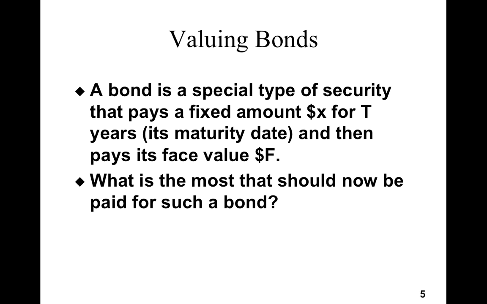Then it will pay you something like, let's say, $10 every year. And then at the end of the 3 years, it will pay you back the face value, which is the original amount that you paid when you bought the bond. That is essentially the loan that you have given to the institution that issued the bond. It could be a government, it could be a corporate, and so on.